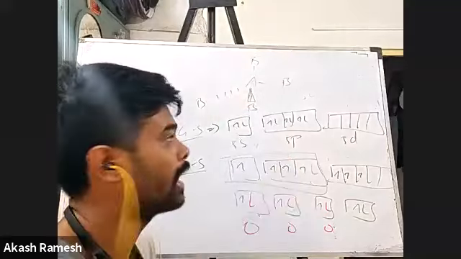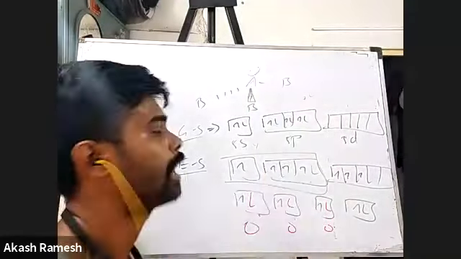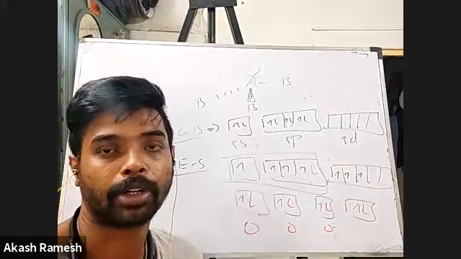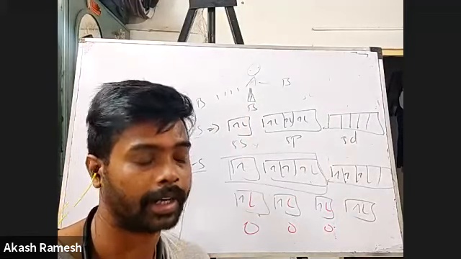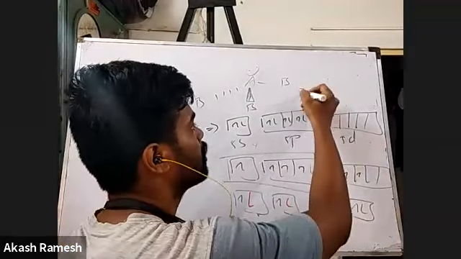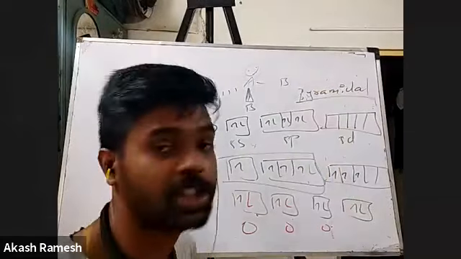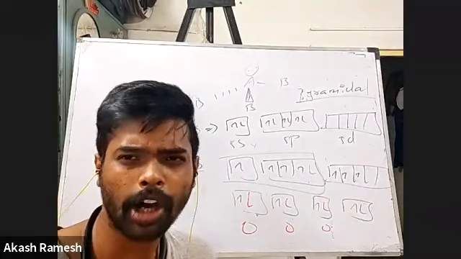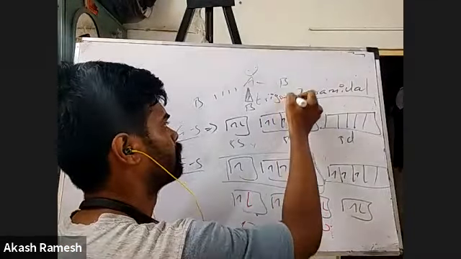But here, what happened is I have just removed a bond pair, a sigma bond or a bonding atom, and I have put a lone pair. So it is no more going to be tetrahedral shape, this shape is going to be called as pyramidal shape, or you can even call it as trigonal pyramidal shape.